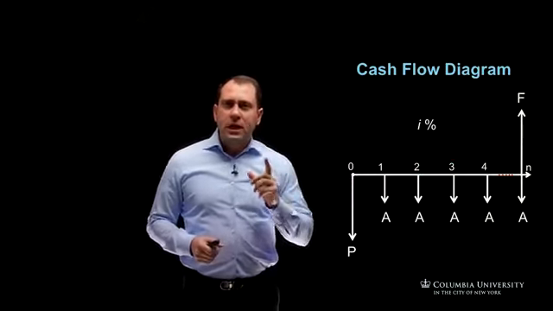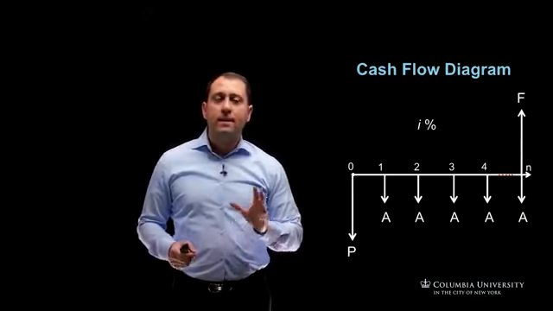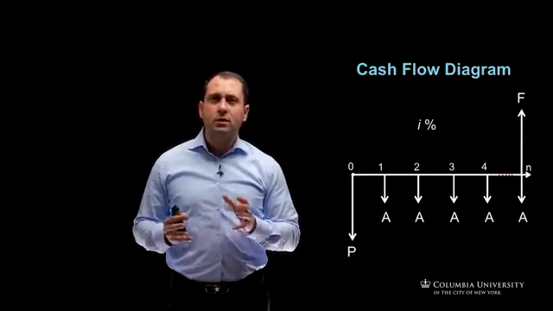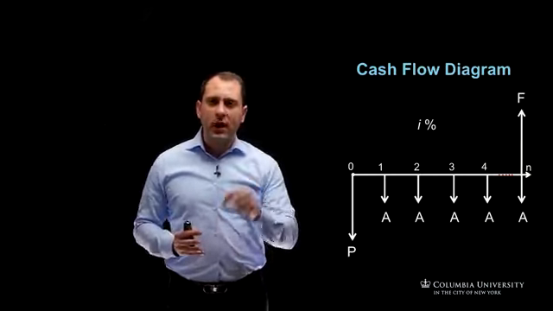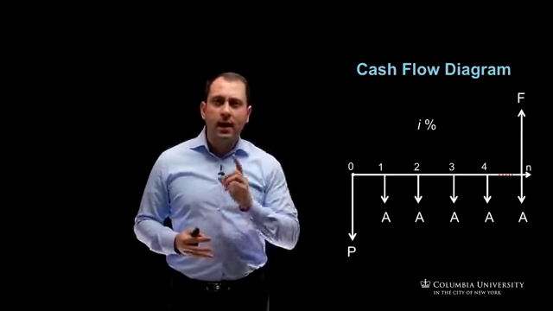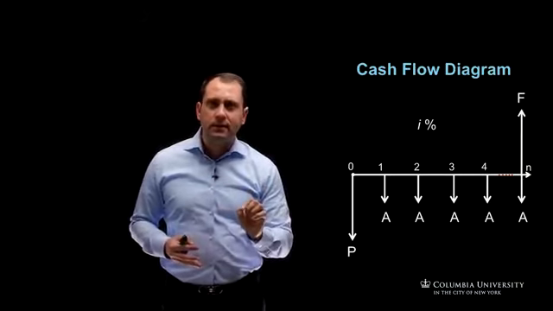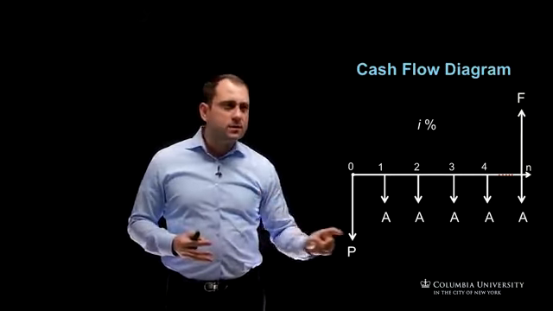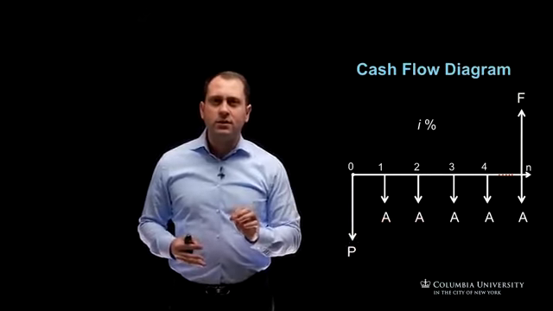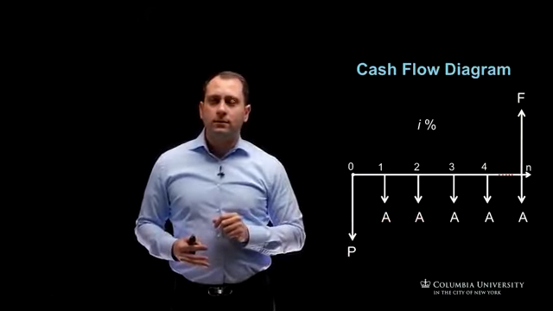So now we have an idea about the P value, which is the present value of money today. Let's study next how we can calculate the equivalent A values of a given P value.